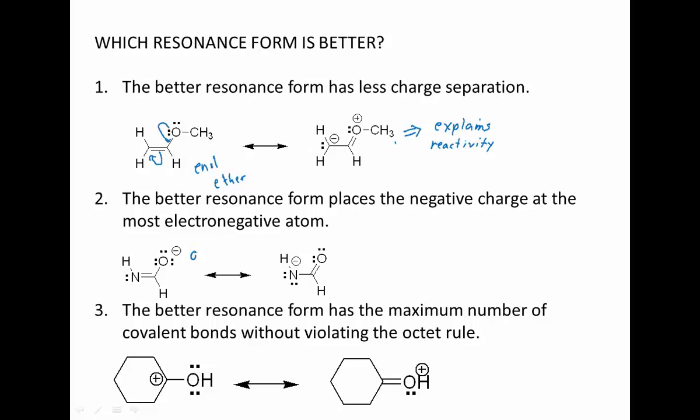This is for an amide anion. The resonance form on the left has negative charge at oxygen. The resonance form on the right has negative charge at nitrogen. And thus we would say this is going to be the more important resonance form right here. But I'm just going to caution you that you can't ignore this one. This is still important. It explains the reactivity.